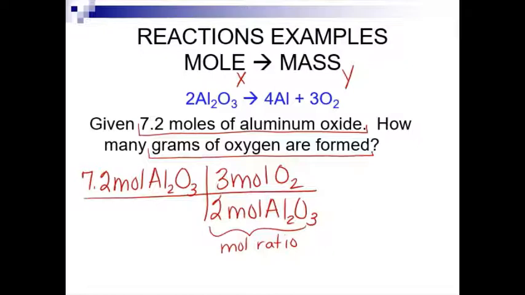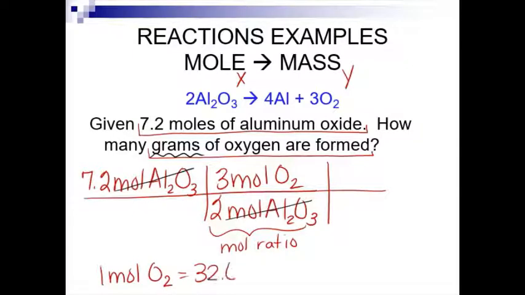Well, now if I cancel things, moles of this, moles of that, I'm left with moles of oxygen. Well, it wants grams of oxygen. So this is where I'm going to use the molar mass from the periodic table. So let's continue. Now, I know that 1 mole of O2 is 32.00 grams of O2.